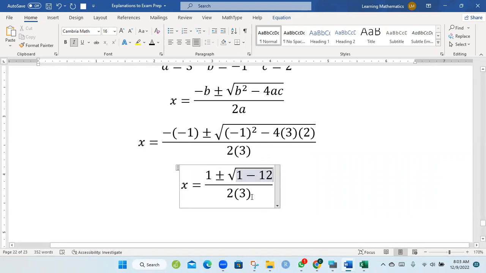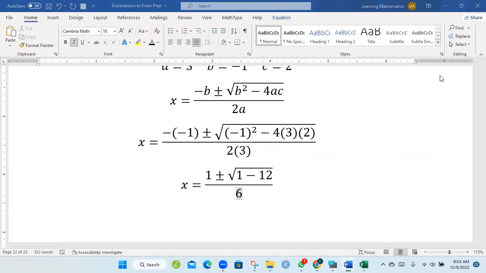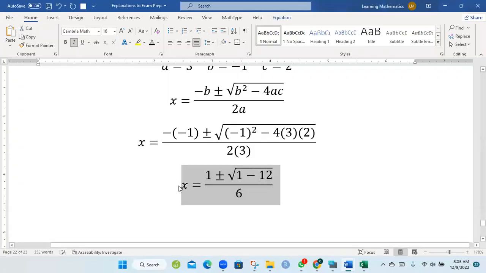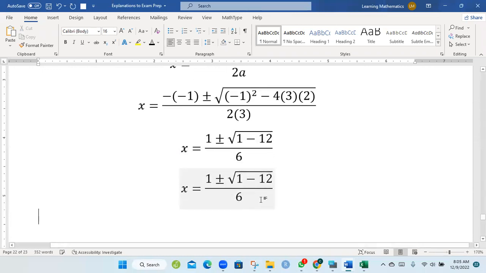And then we have 2 times 3 is 6. Now, under the square root sign, we have 1 minus 12. That will give us negative 11.